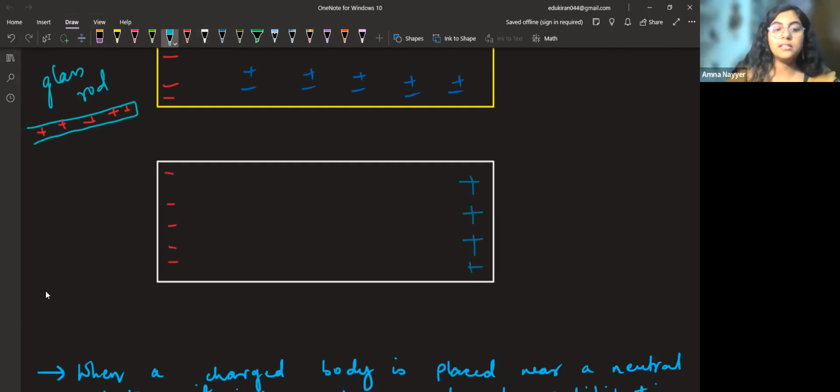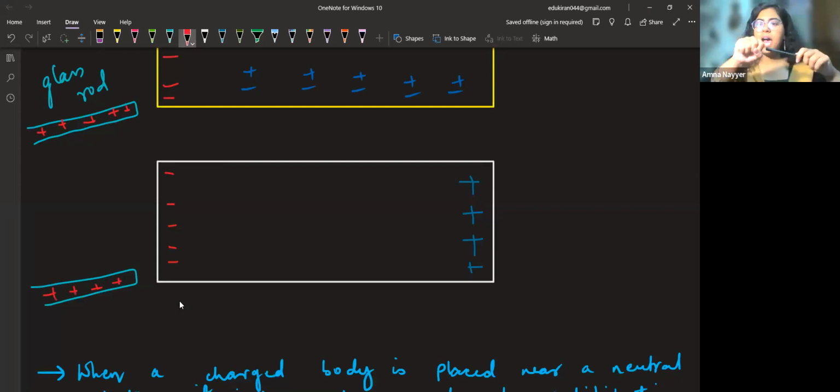There is a specific condition for this: it holds only till the time this rod containing positive charges is kept there. As soon as the rod is removed, again the one positive and one negative will combine and neutralize each other, and the body will become neutral again.